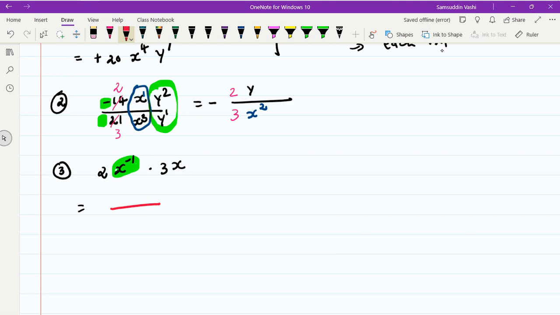Only the part which has the negative power will go in the denominator. The rest, do they have a negative power? No. So they will not change. So the first thing is the changing.